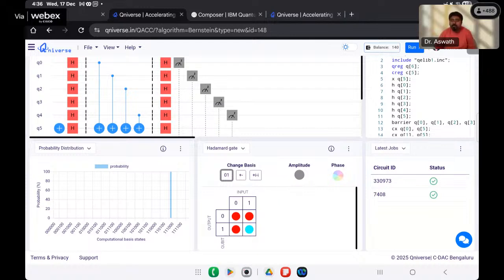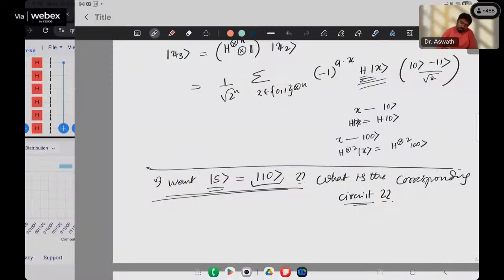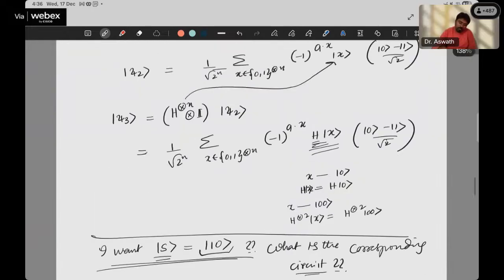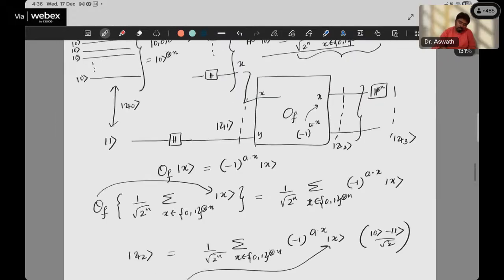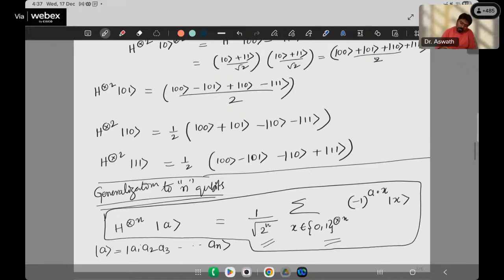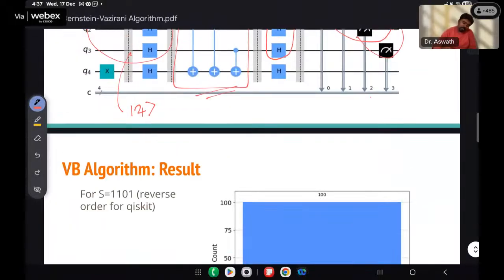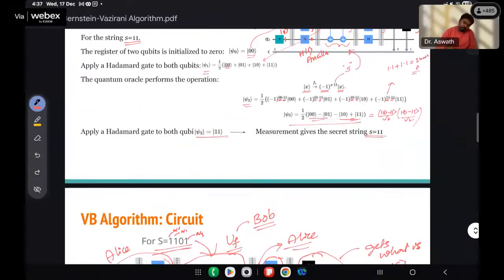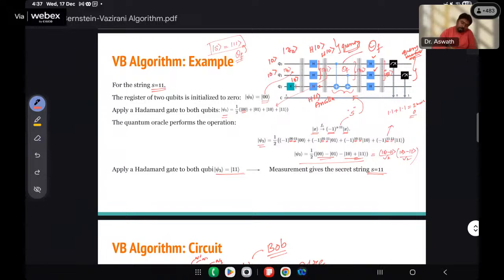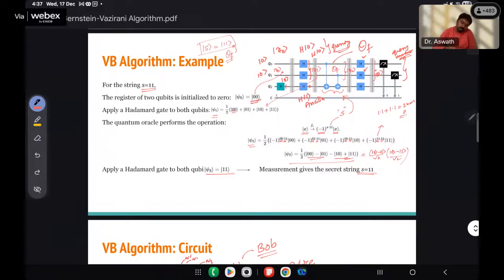Tensor in phi. Where is the tensor in phi? Tensor product is involved in various places. From the circuit, I can show you. Here, the tensor product is there at the very initial 0 tensor 0.